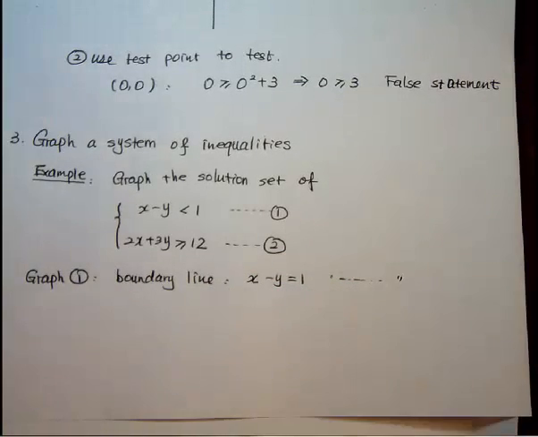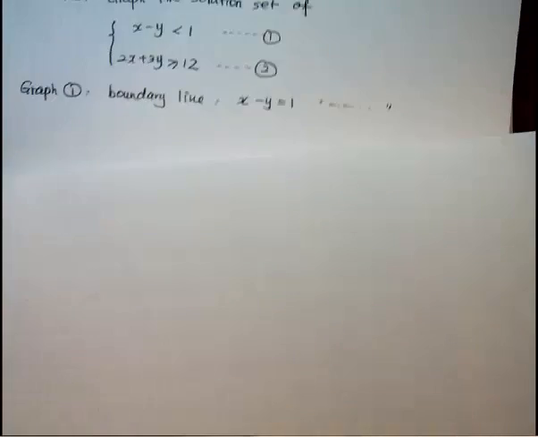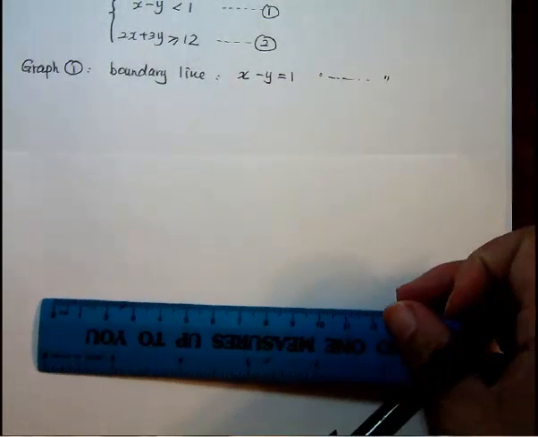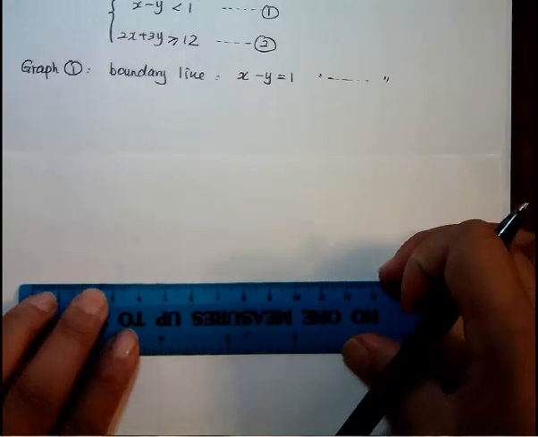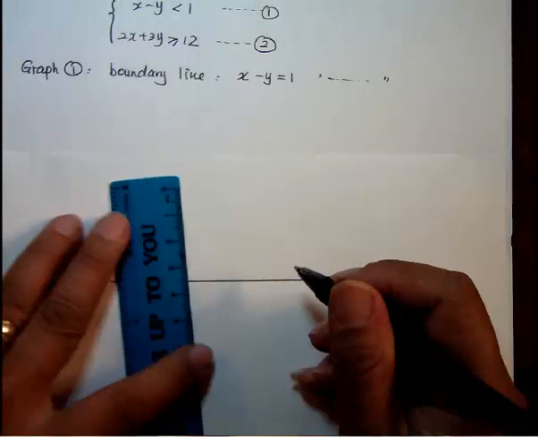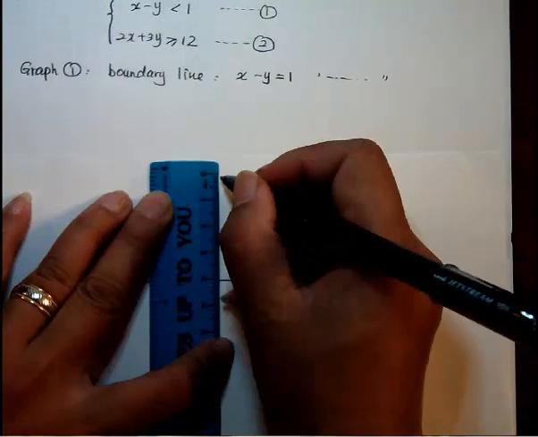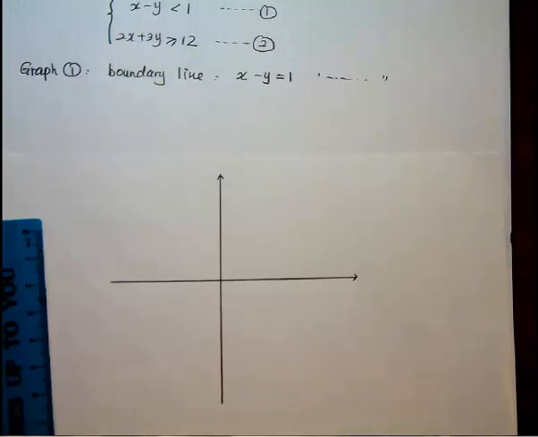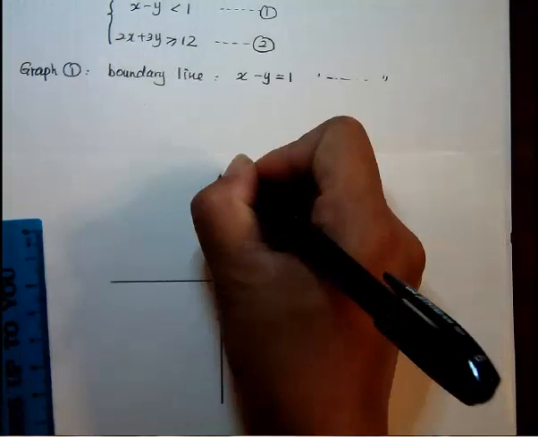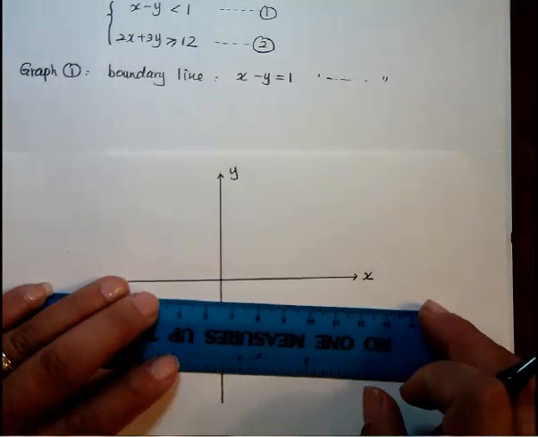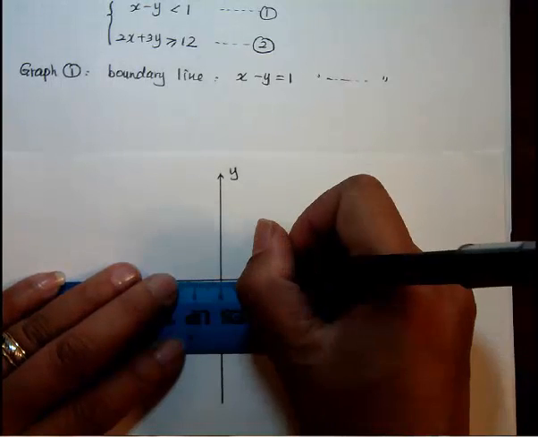I'm going to graph that. Let me get another piece of paper to graph on here. So x, y, to graph x minus y equals 1: when y equals 0, x equals 1.